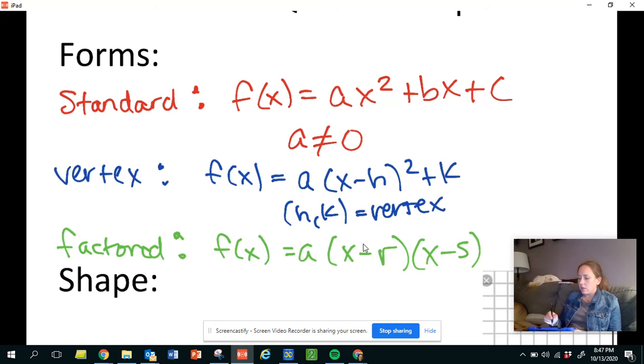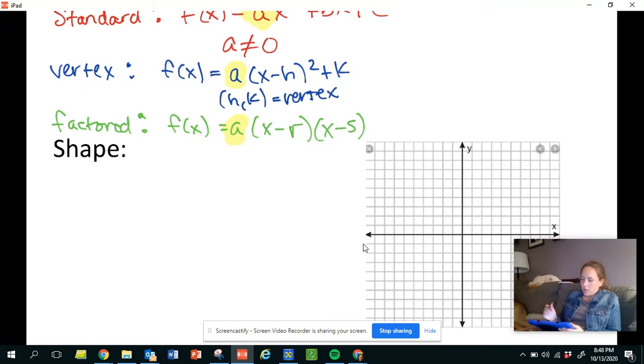And one thing to keep in mind is that the a is the same for all of them. Every quadratic can be written in each of these forms, but the a is always a. It's important because we eventually see what a does to the equation.